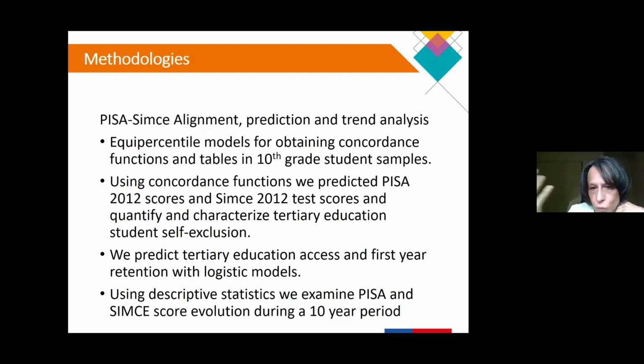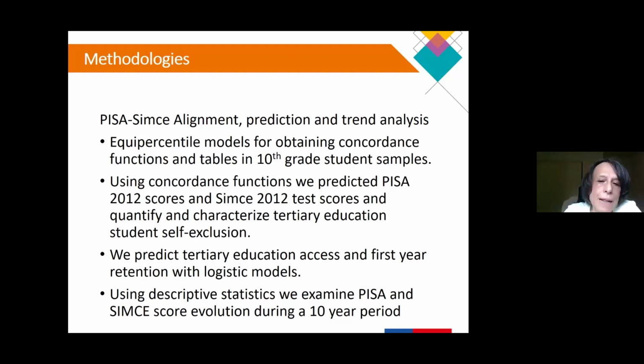Using the concordance function we find in the equipercentile models, we predict the PISA 2012 score and SIMSE 2012 test score, and quantify and characterize the tertiary education students' self-exclusion. That was one of our main concerns, because access to tertiary education in Chile is somehow stratified by socioeconomic status.